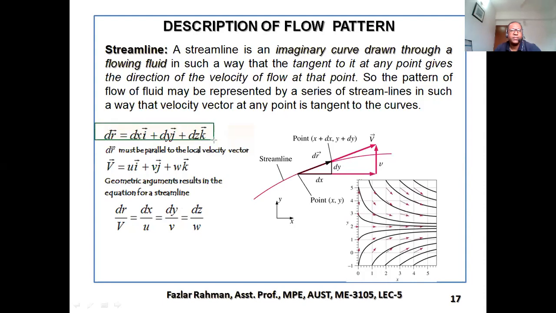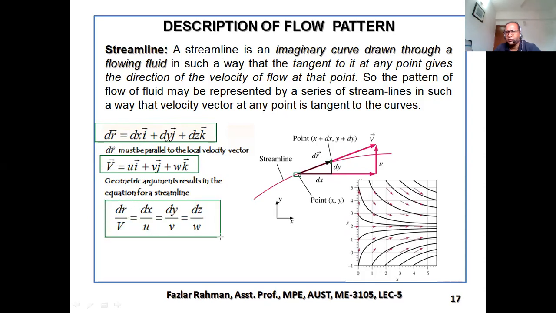This is the vector, that means the distance traveled by a fluid element from point A to B, moving along this direction. And if the velocity of the fluid element is this one, then how can you figure out what condition it will satisfy? It will satisfy this condition, okay?